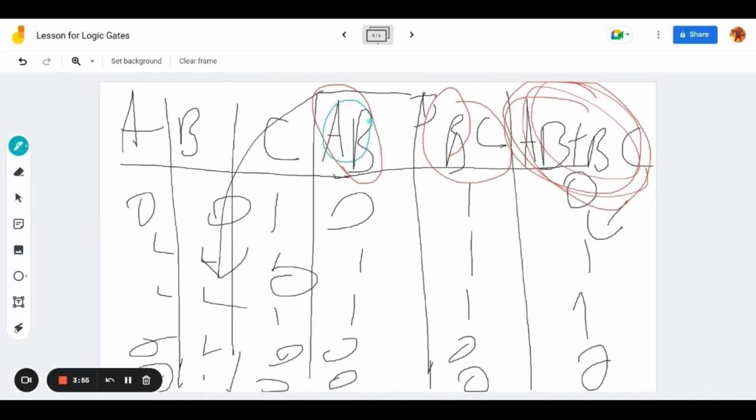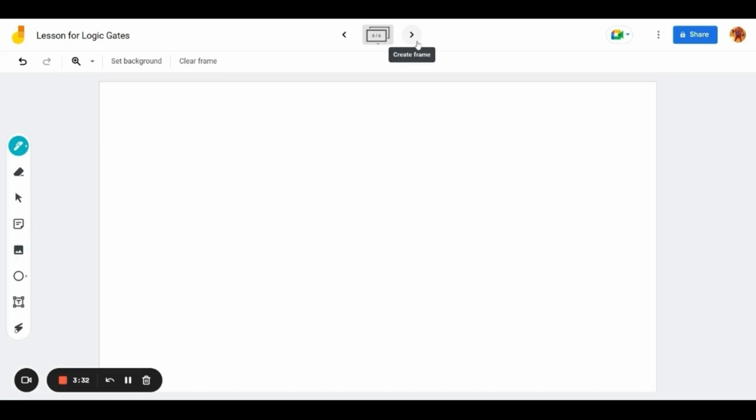You need to know the actual function of the logic gate in order to get your value in the end. But now I'm going to teach you what the actual logic gates are.